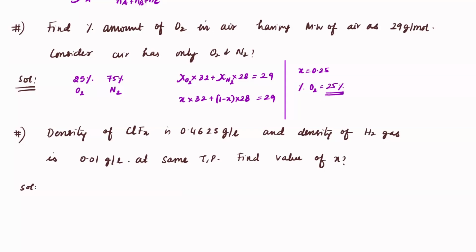Find the value of X. Okay, clear? Check out what is the value of X. Just use the vapor density analogy here. You'll be able to do it. You know that vapor density is relative density. Use the idea of relative densities and calculate.